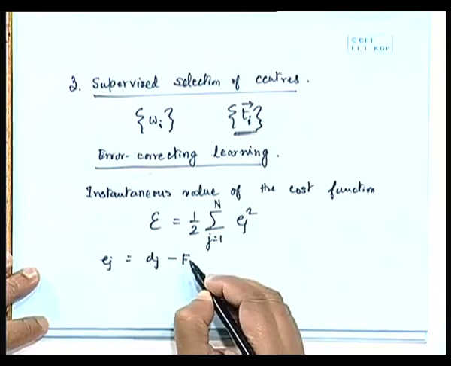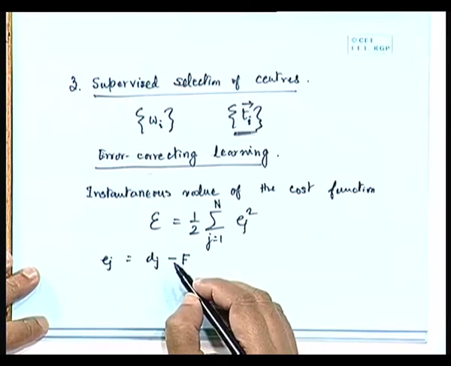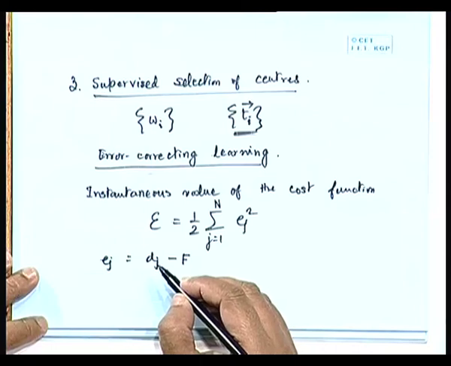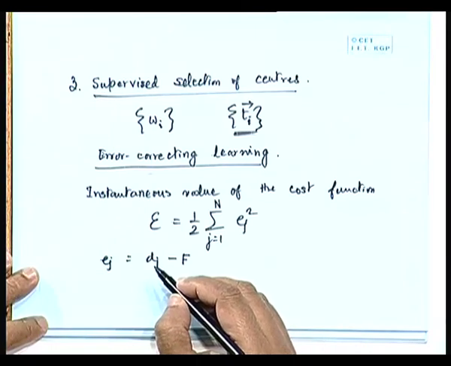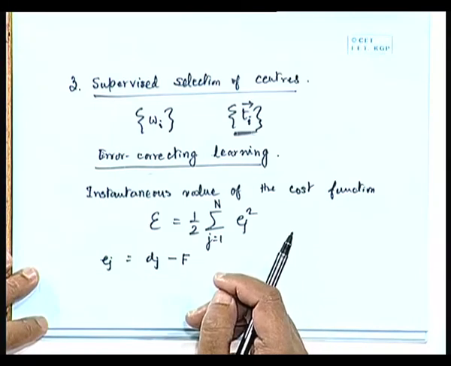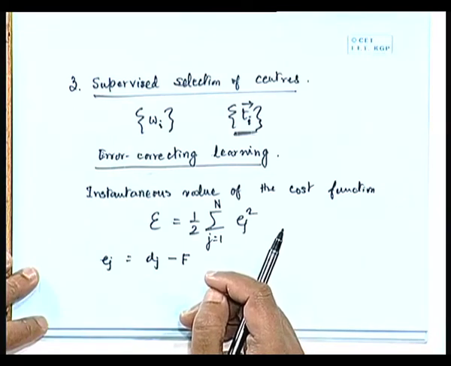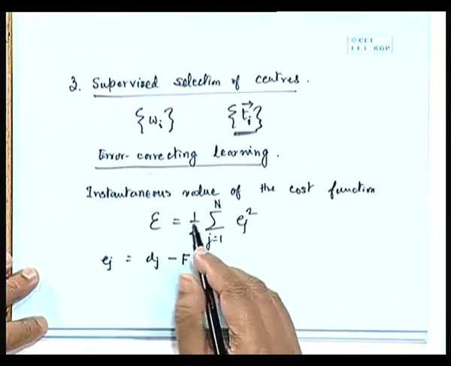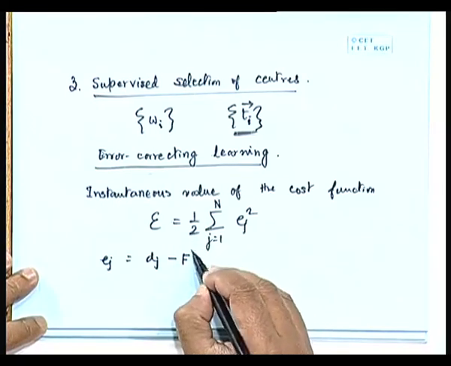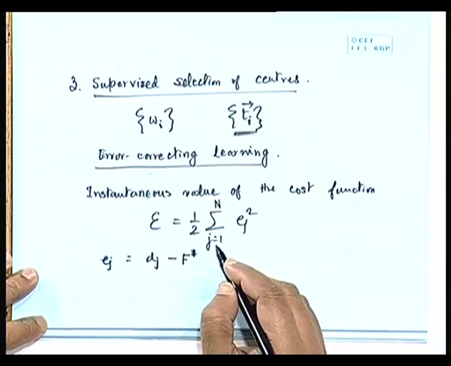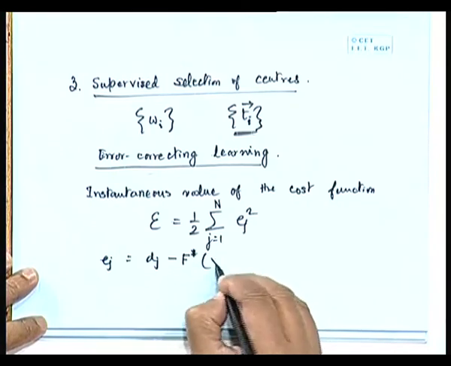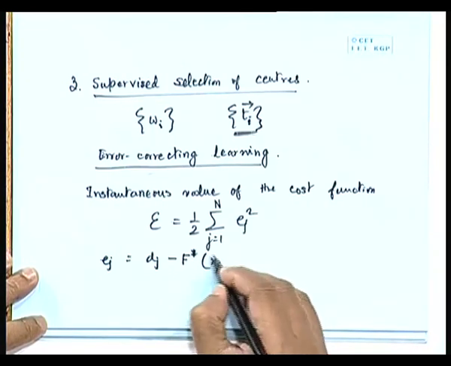And how do we get the actual response? This is definitely an approximating network, because we are feeding n patterns but have a choice of m1 centers, where m1 is less than n. Because this is an approximating function, we use f star of x j.